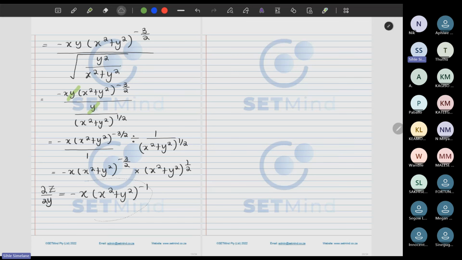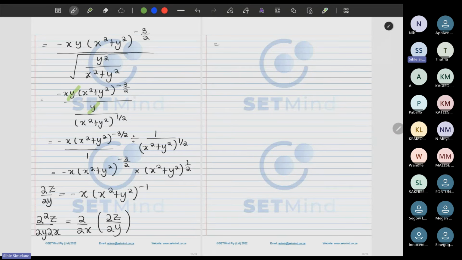Now, all that is left for us to do is to derive this with respect to x. So now when we go and say the second derivative of z, partial of y, partial of x, all I need to do is to derive what I have now with respect to x, and we are done.